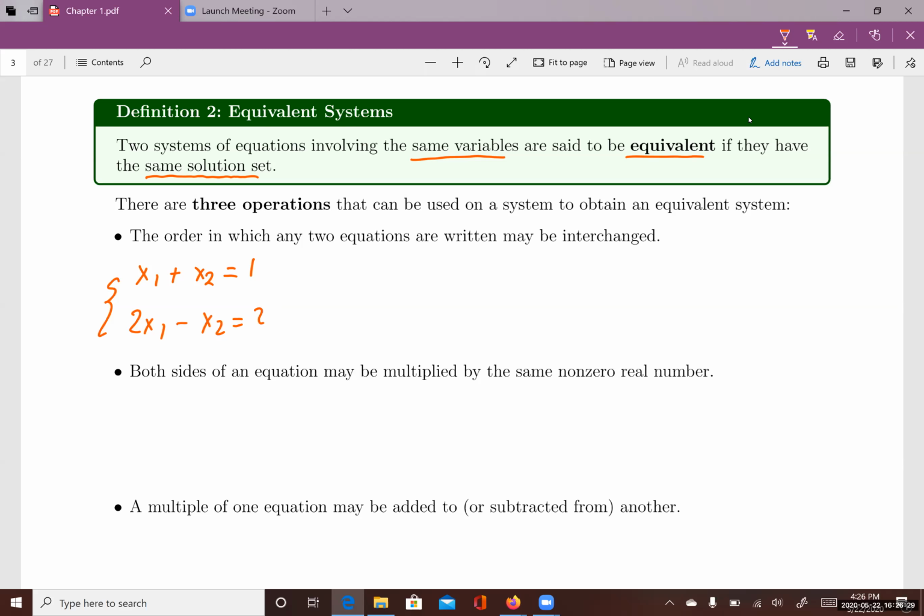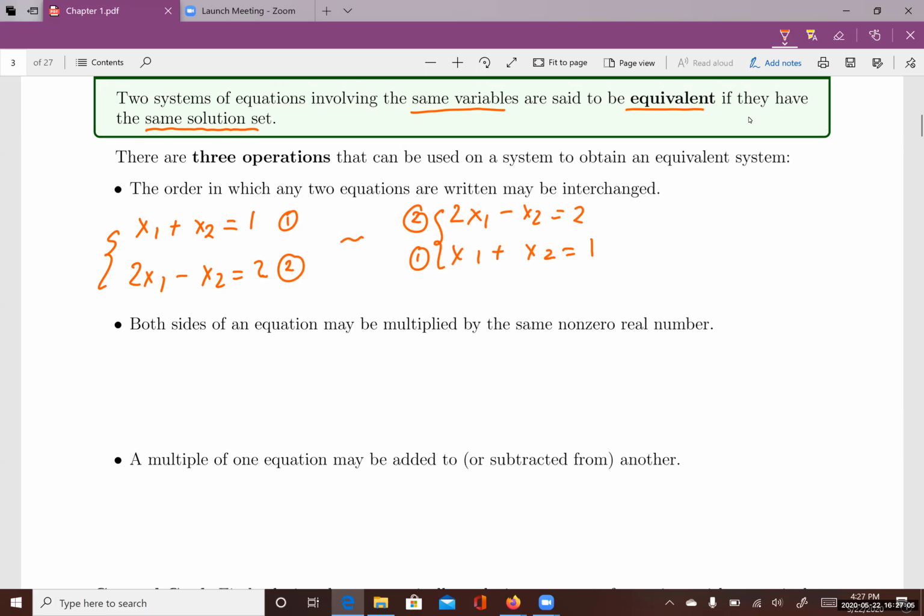If I interchange the two equations, so this is equation 1, equation 2, and I just switch the order: equation 2, equation 1, 2x1 minus x2 equals 2, and then x1 plus x2 equals 1. After I interchange the order of the first and the second equations, these two systems share the same solution set.